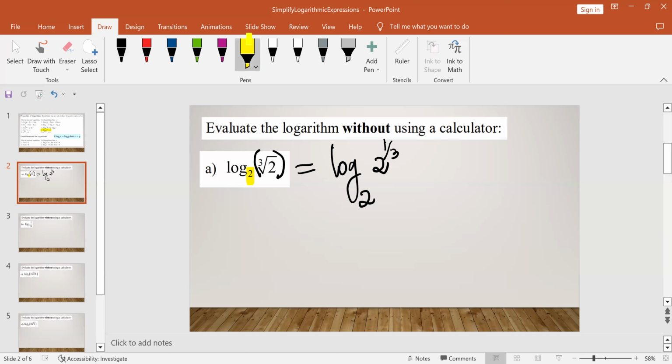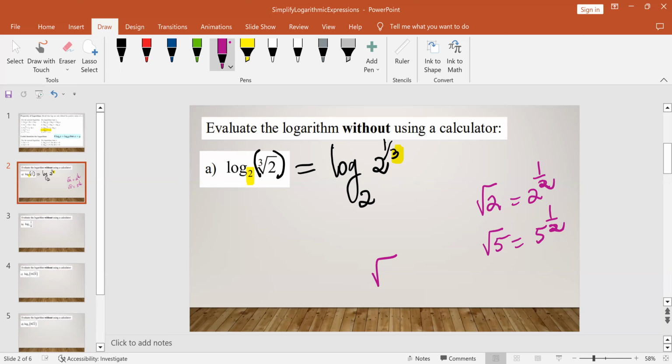So the denominator 3 for this fraction is telling you what kind of root we have. As a quick review, if we have a square root of 2, this is the same as 2 raised to 1 over 2. If you have a square root of 5, this is the same as 5 raised to 1 over 2. So the denominator 2 is telling you that we are using square root.